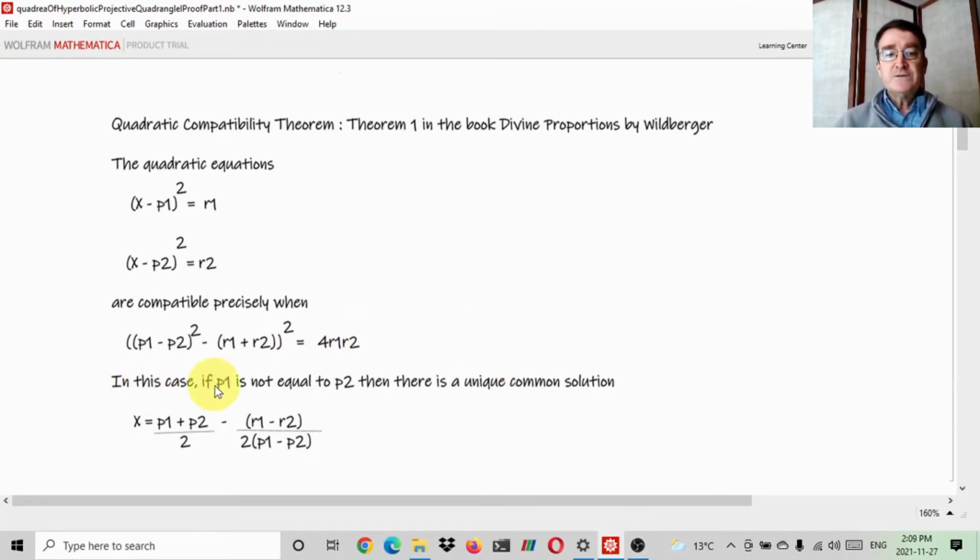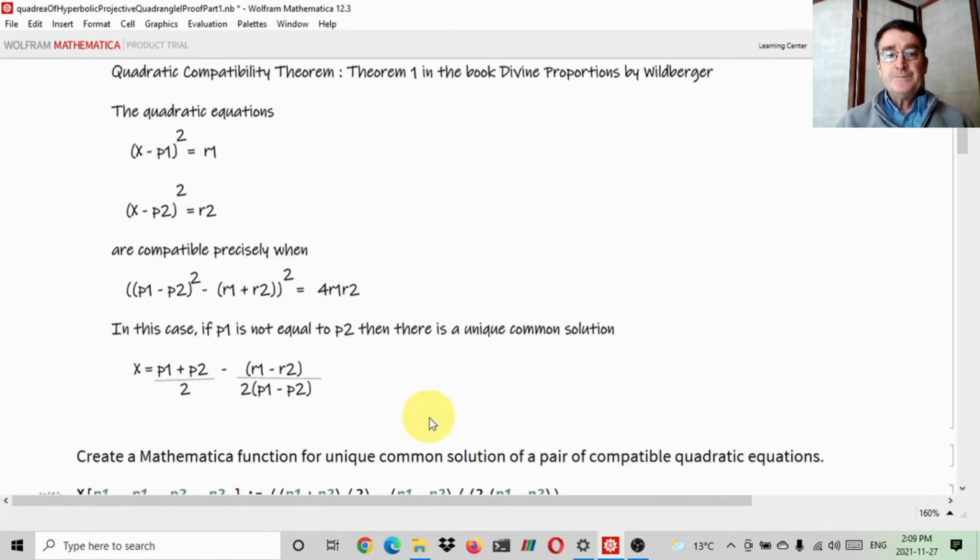And in the case when p1 does not equal p2, then there is a unique common solution given by x equals (p1 plus p2) over 2 minus (r1 minus r2) divided by 2 times (p1 minus p2).